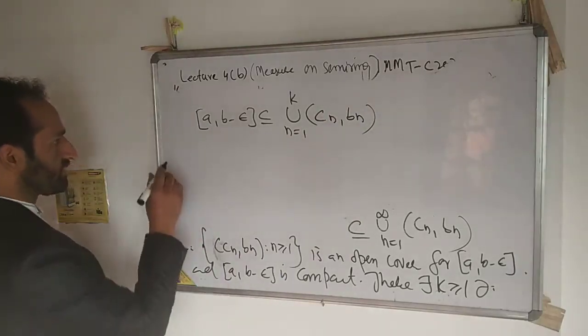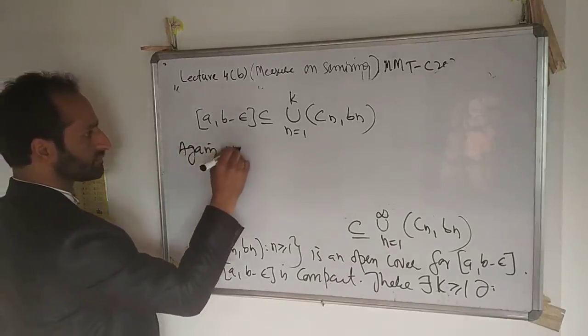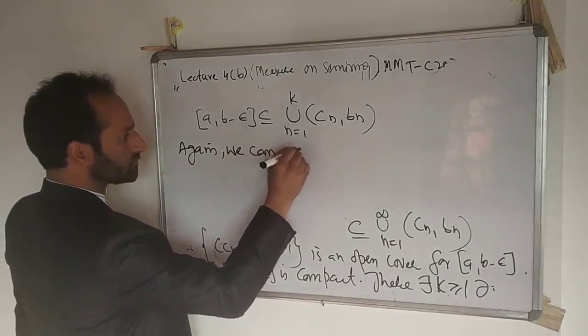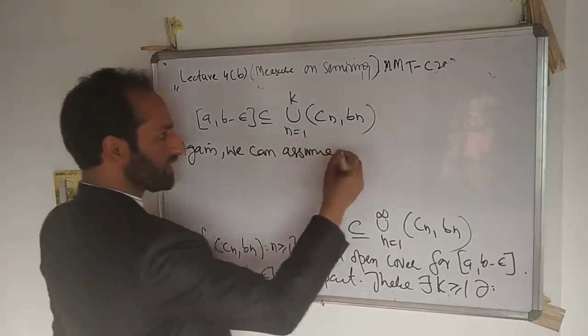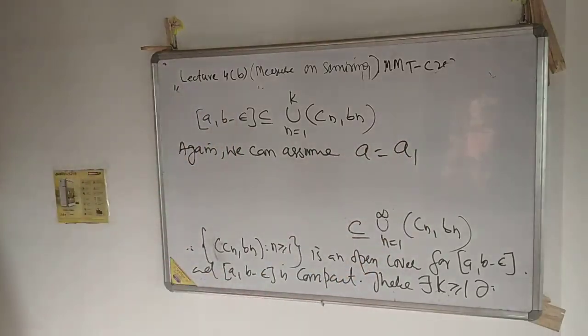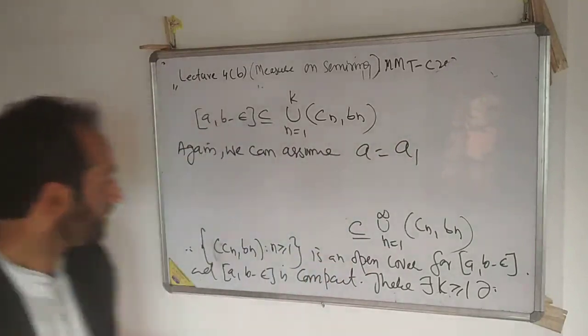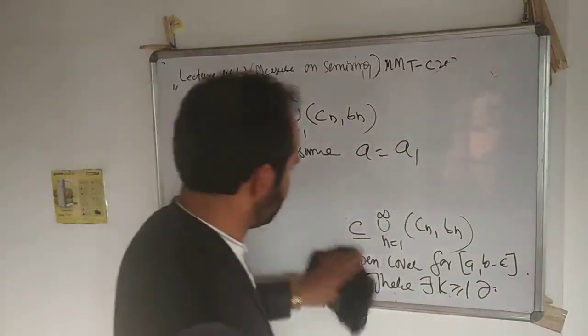Now again we can assume that A is equal to A1. We can assume that this A1 is the first interval in this disjoint sequence.